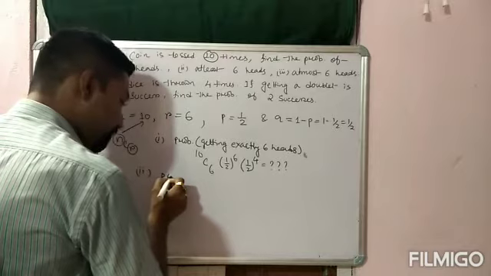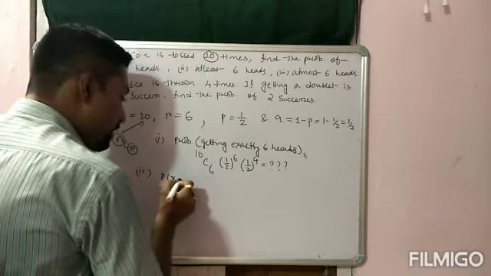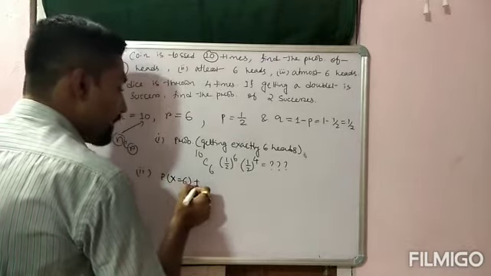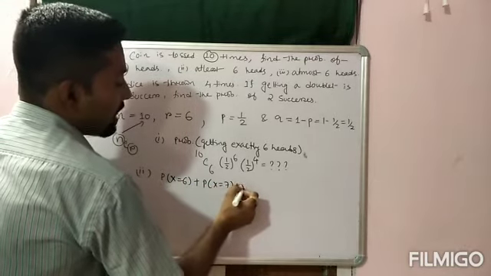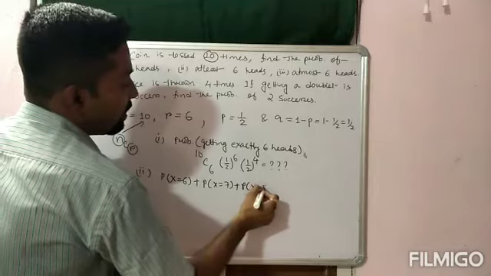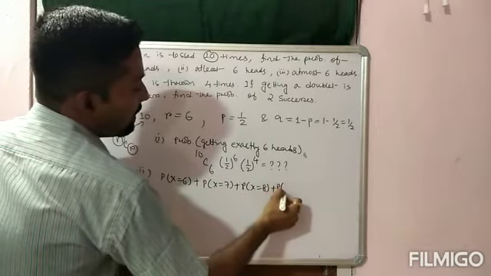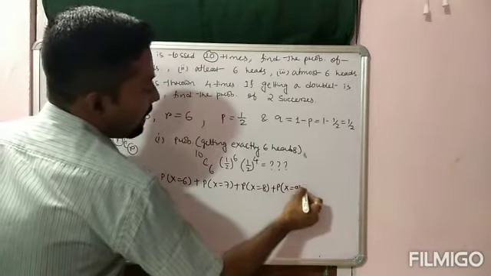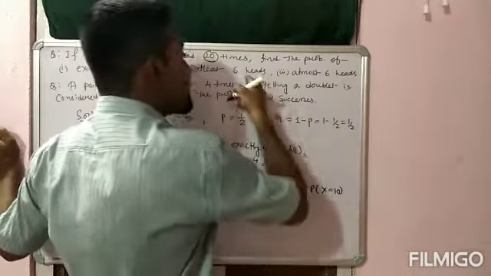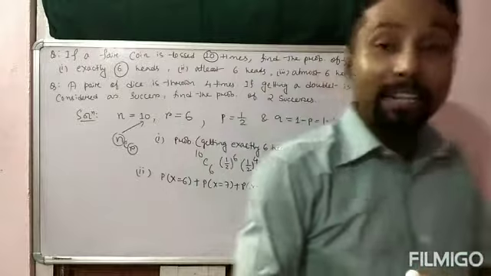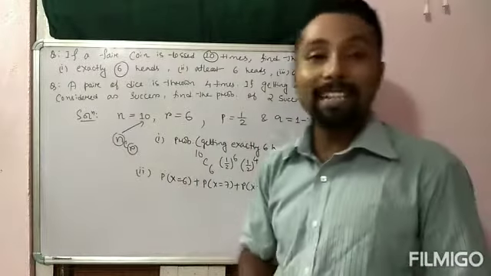Probability of x equal to 6 plus probability of x equal to 7 plus probability of x equal to 8 plus probability of x equal to 9 plus probability of x equal to 10. मतलब minimum 6 heads चाहिए तो maximum 10 हो सकता है because the coin is tossed 10 times.